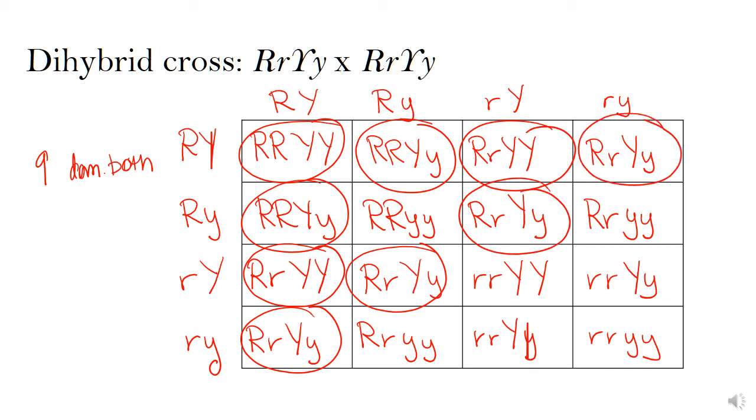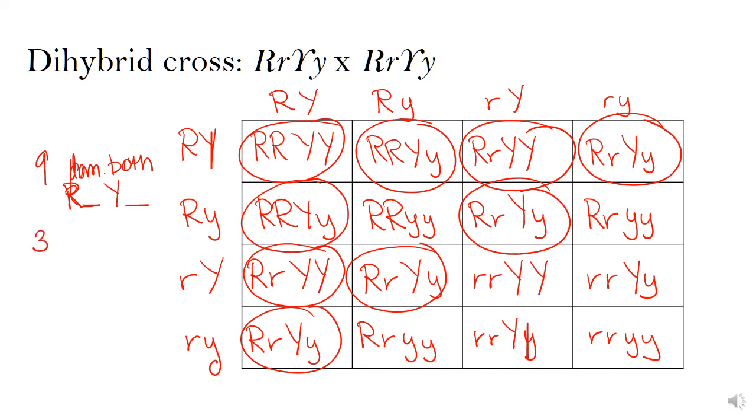Okay, and the way I'll often represent that is a big R blank, and a big Y blank. Meaning that it doesn't matter what the second allele is if I have a dominant allele. So I have 9 in that phenotype category.